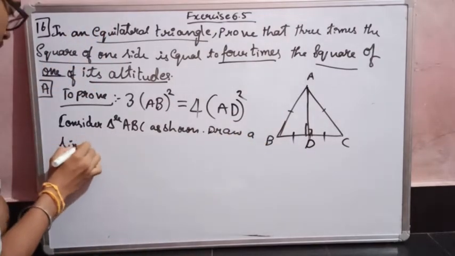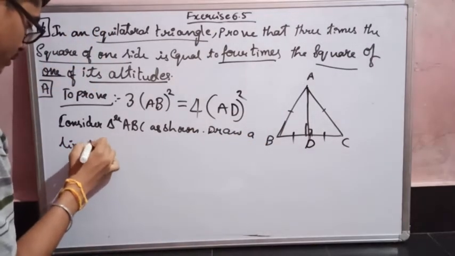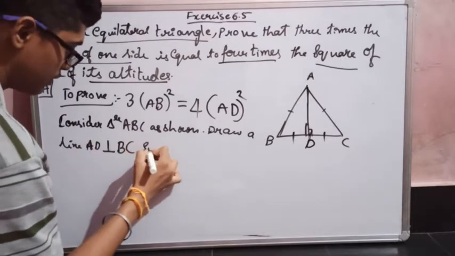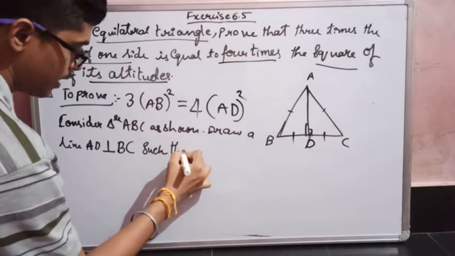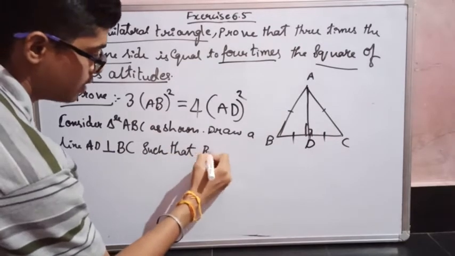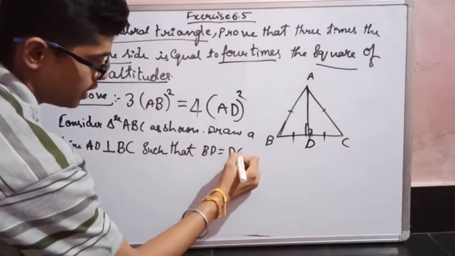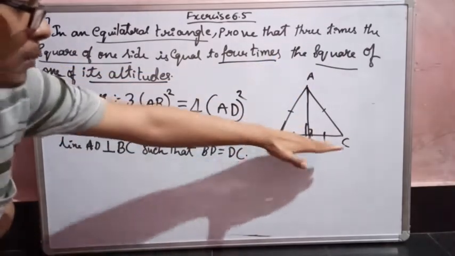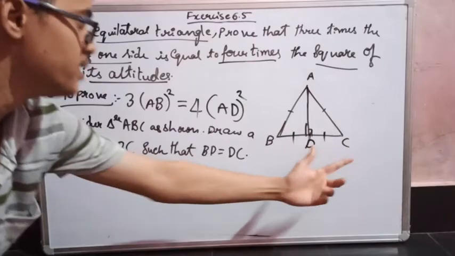Draw a line AD perpendicular to BC such that BD is equal to DC.